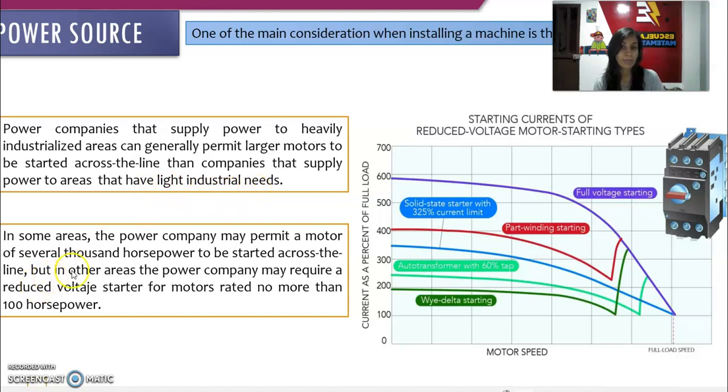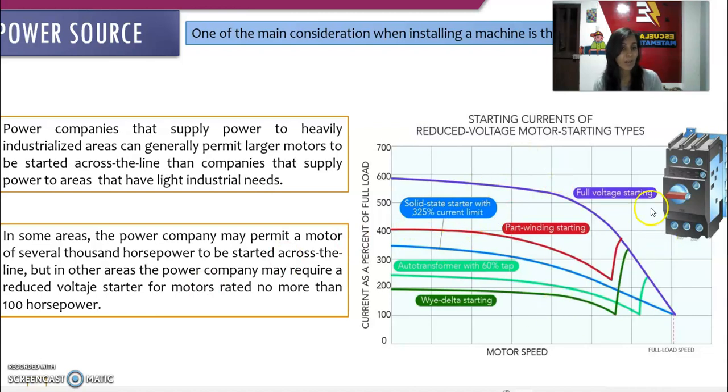In some areas, the power company may permit a motor of several thousand horsepower to be started across the line. But in other areas, the power company may require a reduced voltage starter for motors rated no more than 100 horsepower. And that is because of the inrush current.